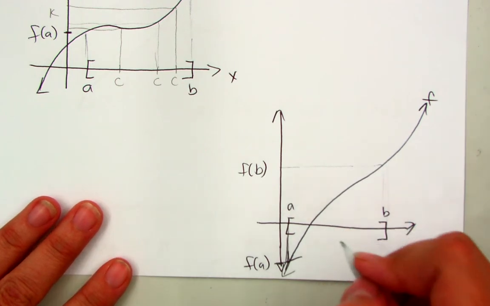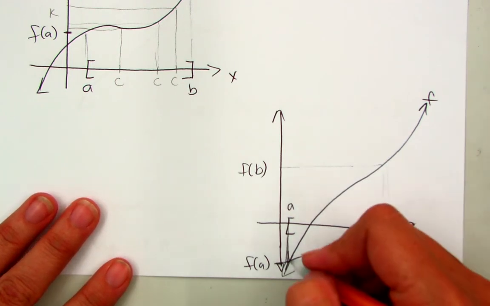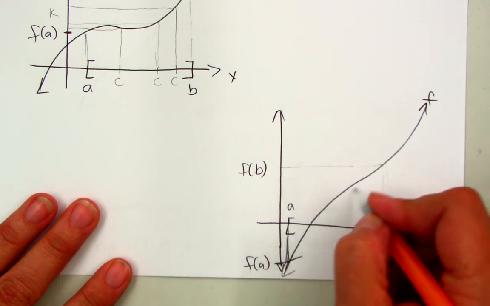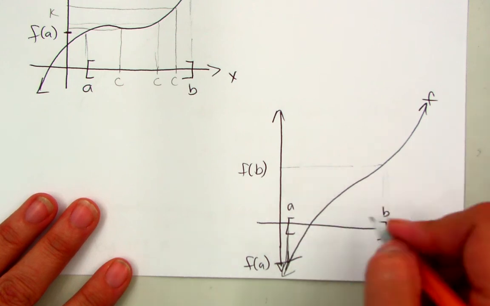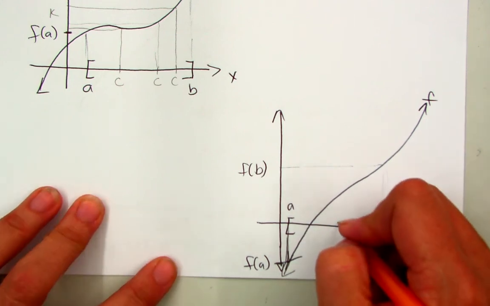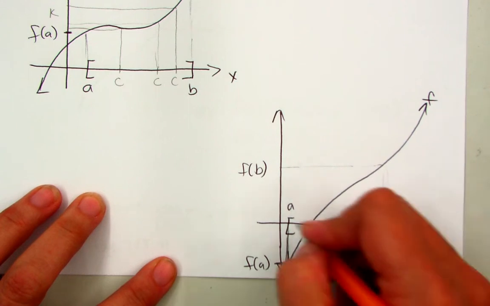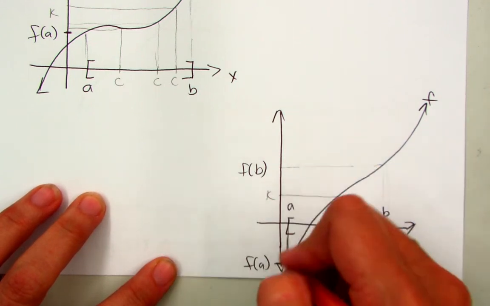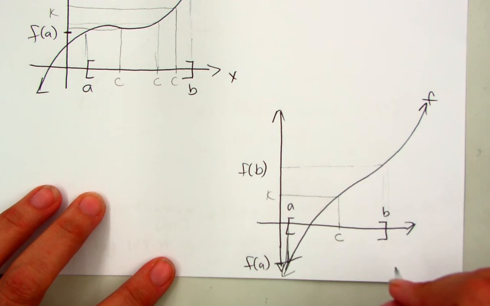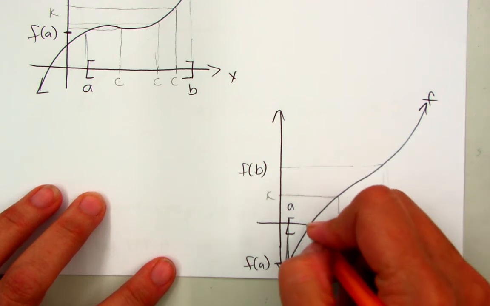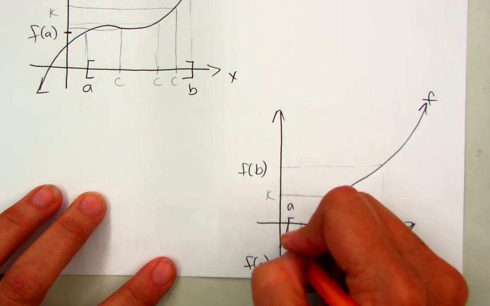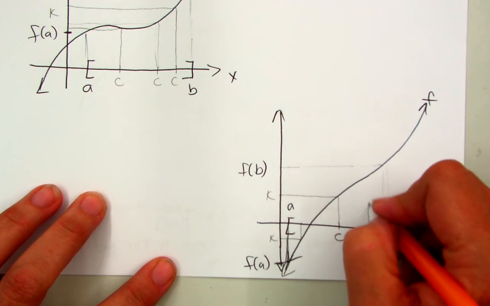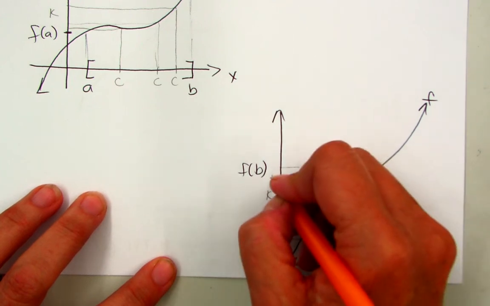So it states by the intermediate value theorem that if the function f is continuous in the closed interval from A to B, then there exists some c in between A and B such that the k is in between f of A and f of B. And no matter where I put the c, I can put the c here, the k is in between. I could put the c here, the k is in between.